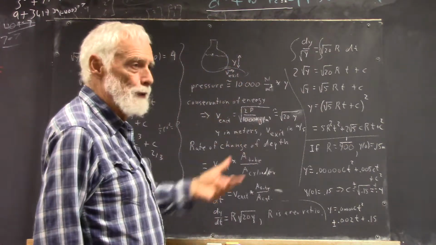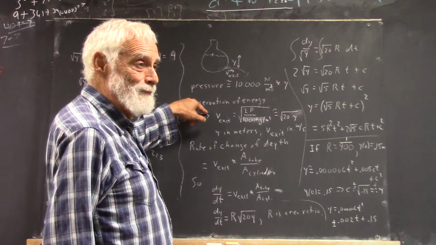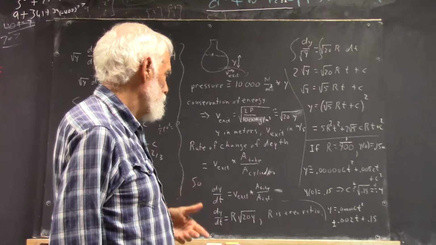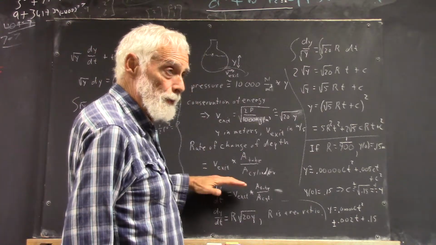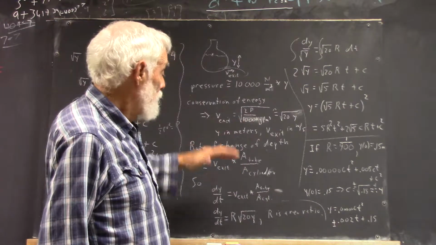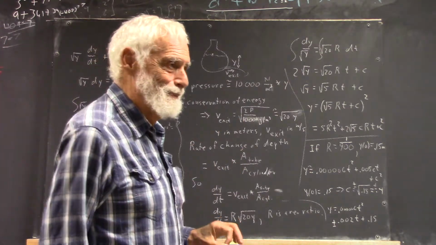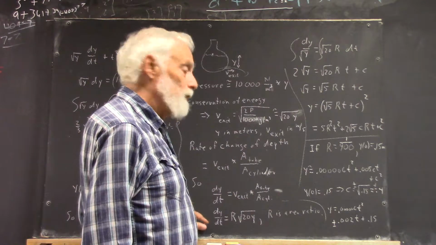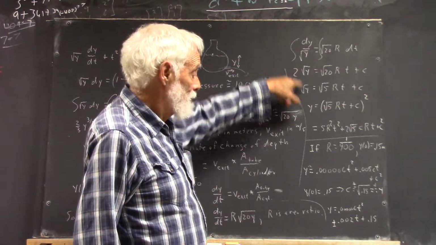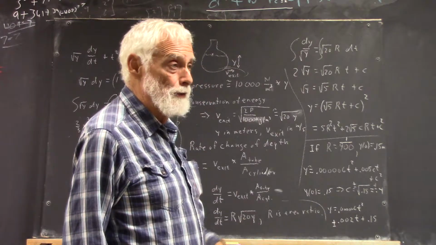Well, it's a consequence of conservation of energy. And that's what this is, and so forth. So you don't need to know where this comes from. Just know that it comes from someplace that's not too deep. It's the way things act. Okay? You get this equation, which is very easy to solve, and come to this conclusion.